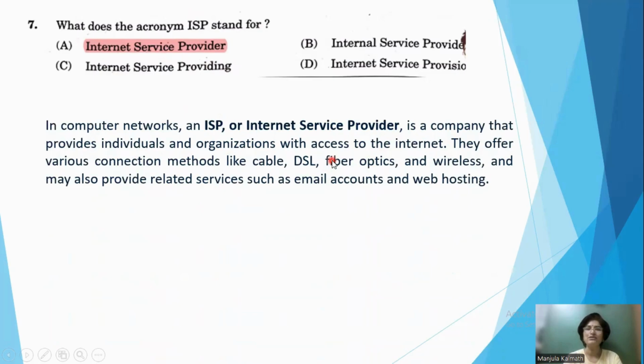Here we have wired and wireless connections. Everything will be provided by the service provider, who may also provide related services. Along with the internet connection, they will be providing additional services like email accounts and web hosting. Nobody is owning the internet.